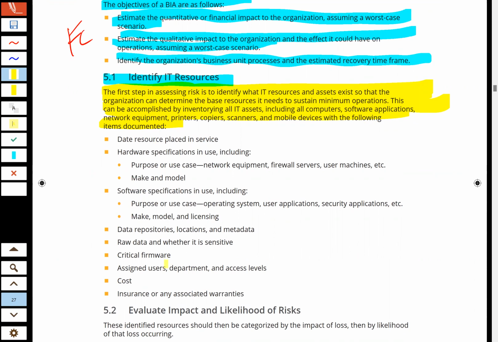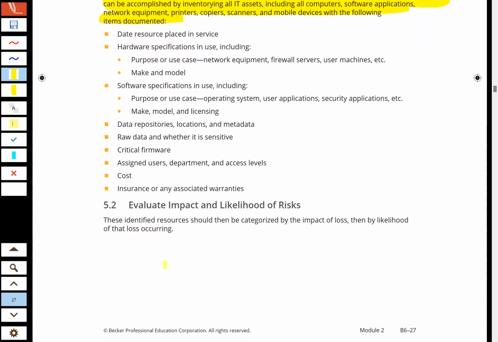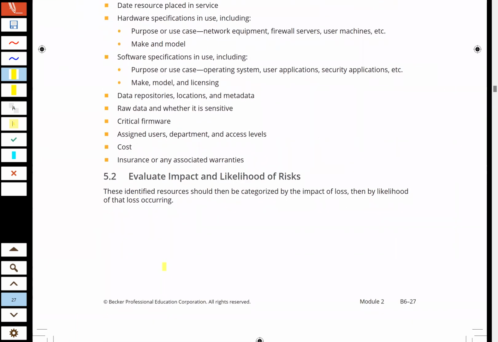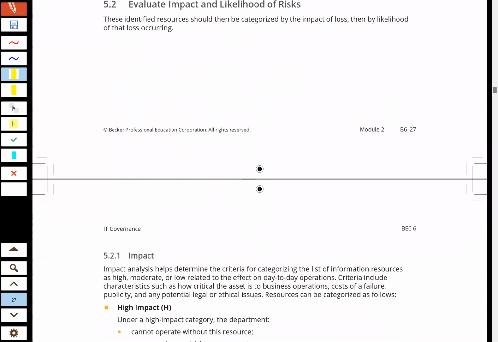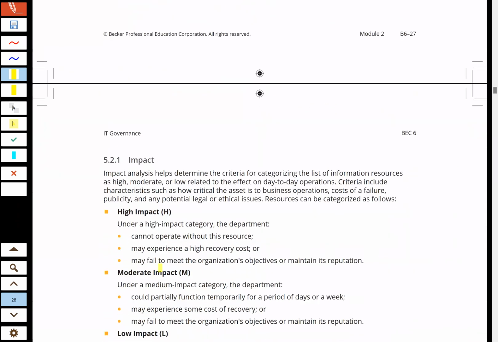Now, we start to take a look at how we will evaluate the impact and likelihood of risks. Okay, so let's look at the impact consideration first.